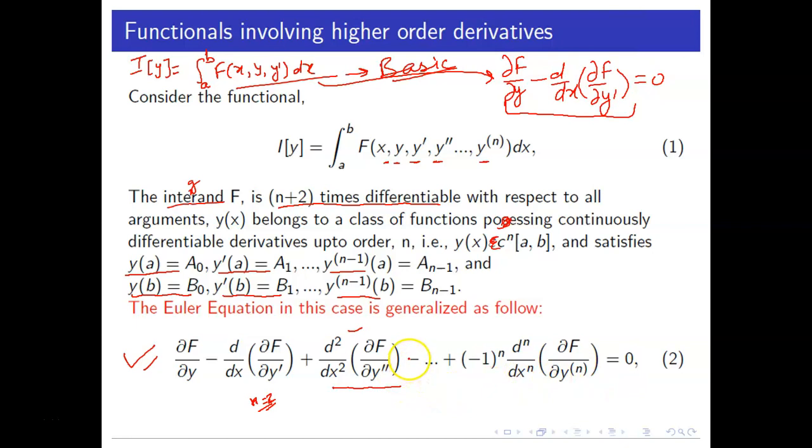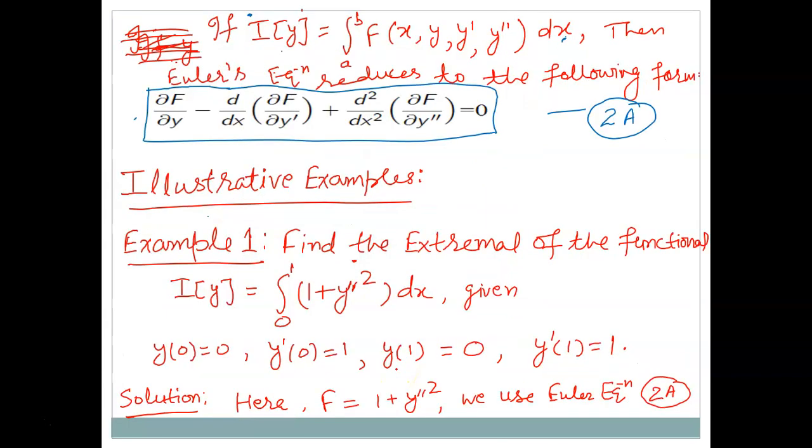If it had been a third order derivative, then one more term would have been added, d³/dx³ of ∂f/∂y'''. In this way, Euler equation 2a is for this type of functional where you have derivatives up to second order.